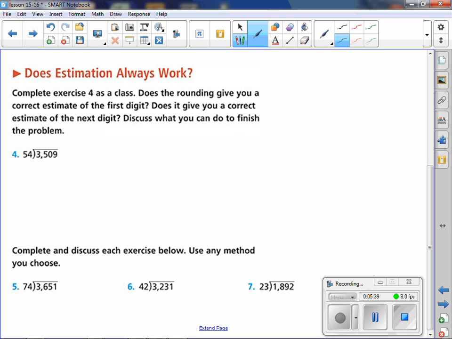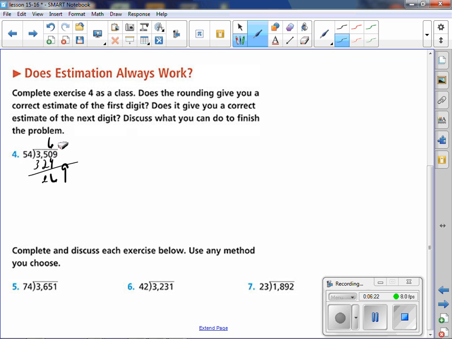So instead, I'm going to estimate 6. 54 times 6 is 324. When I subtract 350 minus 324, I get 26. Then I can bring down that 9. If I estimate 5 again, thinking 5 times 5 is 25, which would get me close, but now we're talking 50, so 250, I would be too large once again.